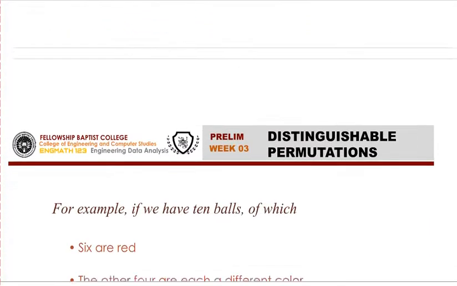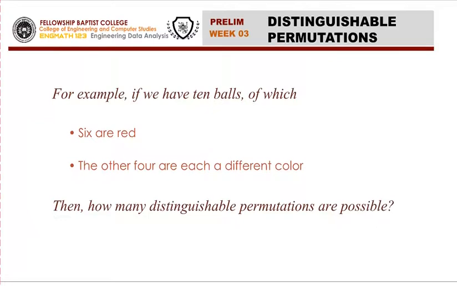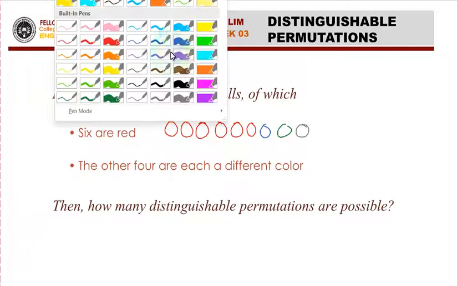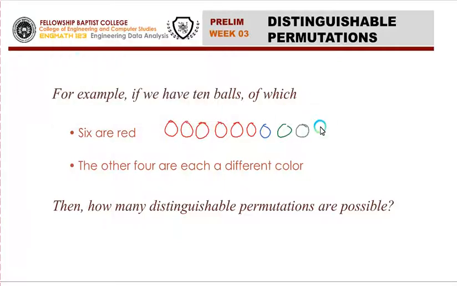So, we have here, for example, may ara kita pulo ka balls tanan, of which anom dari is red, ang other nga balls are of different colors. So for example, we have 1, 2, 3, 4, 5, 6, and then we have 1, 2, 3, and then we have 4.